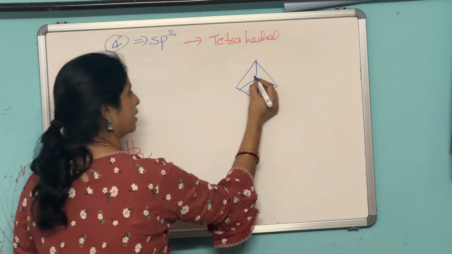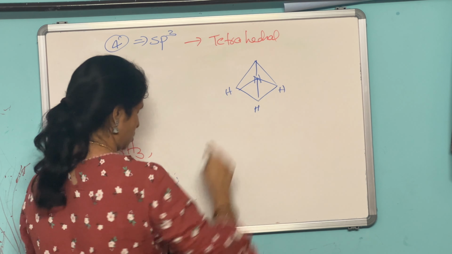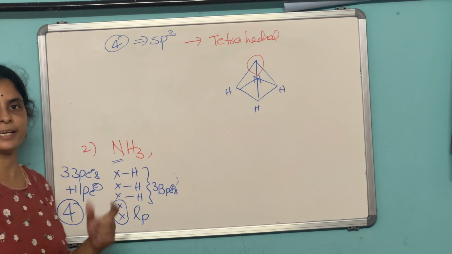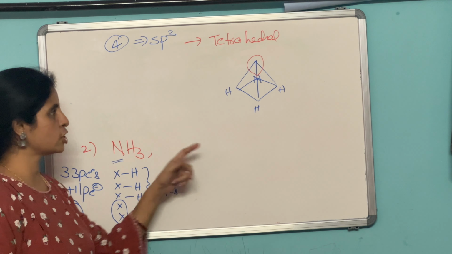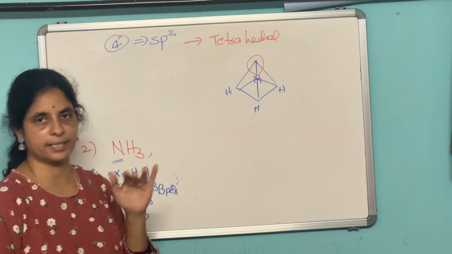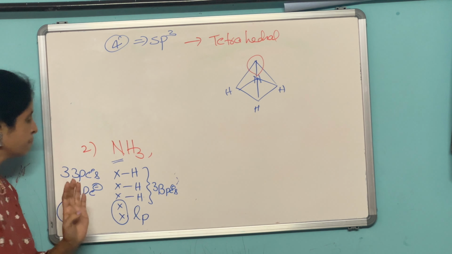So here nitrogen, hydrogen, hydrogen, hydrogen, lone pair. Here the geometry is tetrahedral and the shape is pyramidal. We'll discuss that later. So here the geometry is tetrahedral geometry.